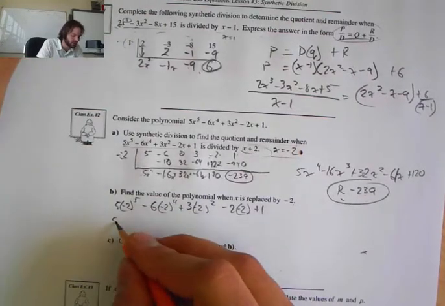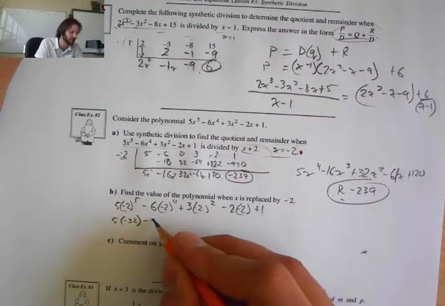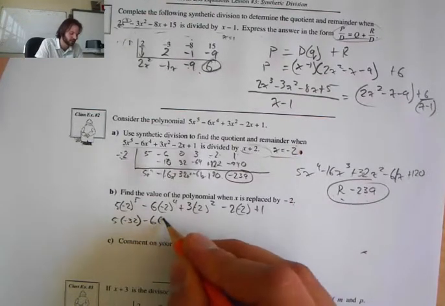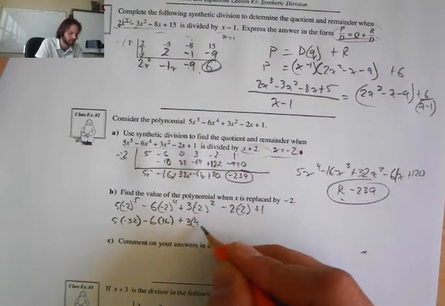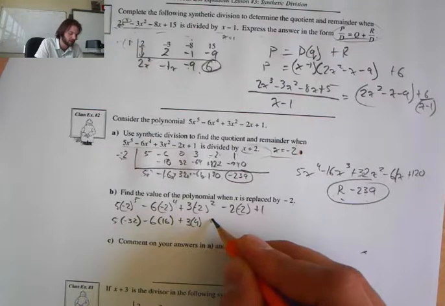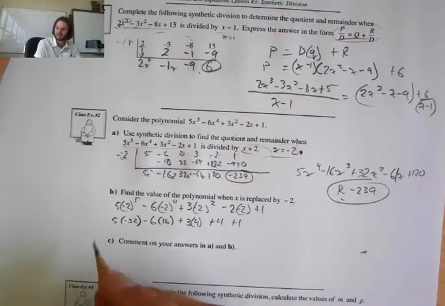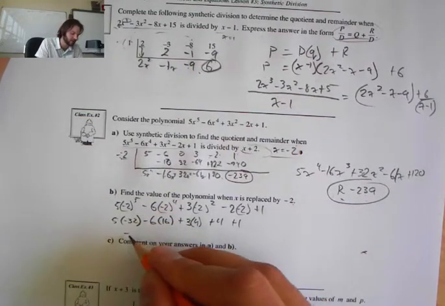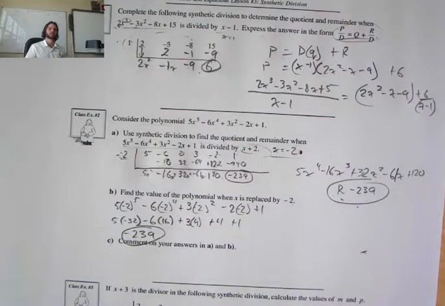This is going to give me 5 multiplied by negative 32. And then we have minus 6 multiplied by 16. Then we have plus 3 multiplied by 4. Then we're going to have plus 4. And then plus 1, which will end up giving me a total of negative 239. So notice that's the same thing as my remainder when we plug it in.